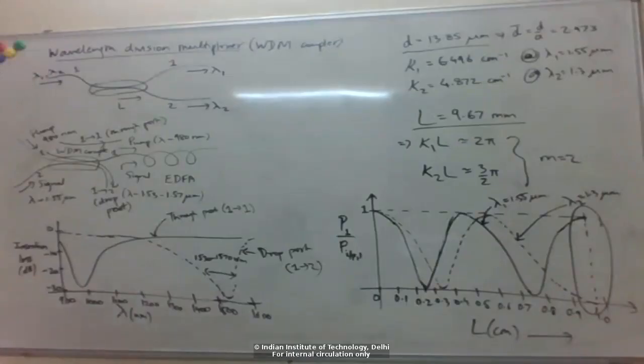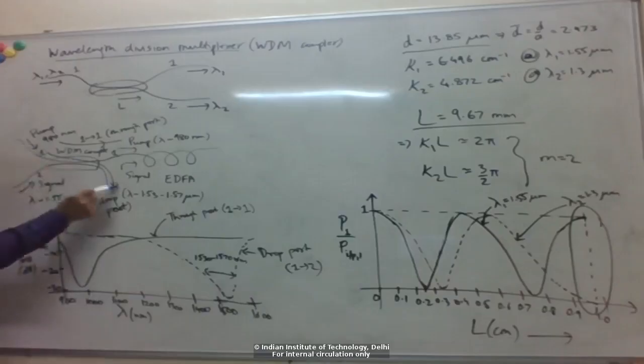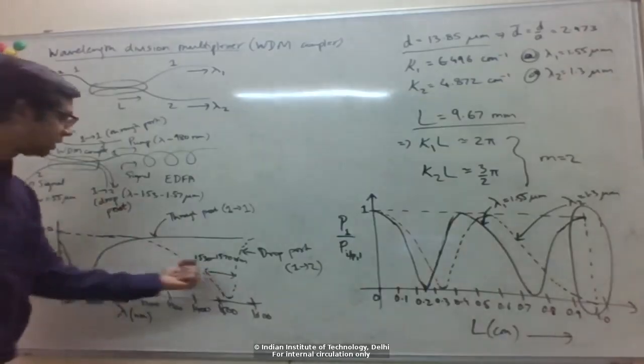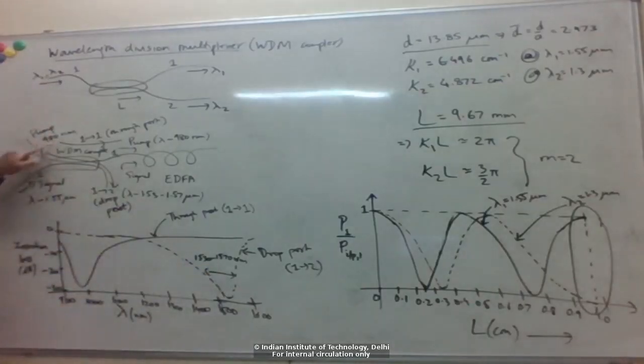What about the 2 to 1 ports? Yeah, so typically, as I said, the kappa 1 2 and kappa 2 1 are similar, right? So the response for 1 to 2 would be similar to the response for 2 to 1. But as I said, for these kind of couplers where you want some wavelength insensitivity and also the wavelengths are quite different, right? 980 and 1.55.